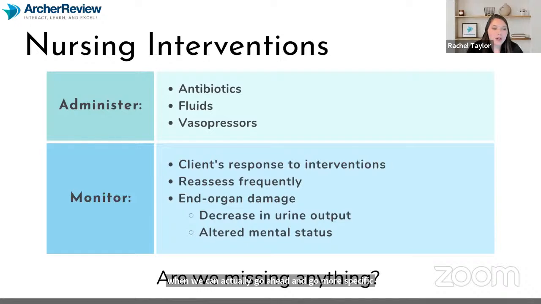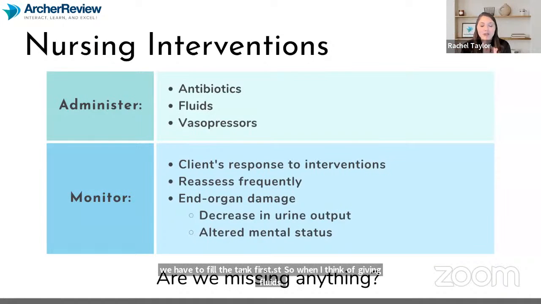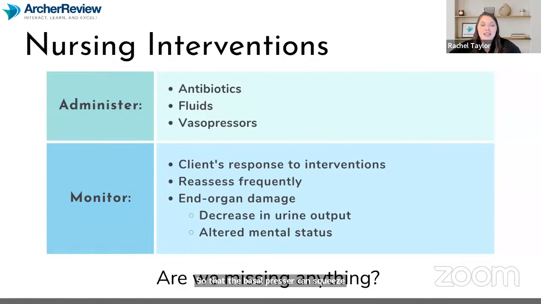Now, we also are going to consider fluids because we might give vasopressors, but we have to fill the tank first. So when I think of giving fluids, it's going to fill the tank so that the vasopressor can squeeze the vessels to help increase pressure. Now, why do I not keep giving fluid bolus after fluid bolus after fluid bolus?